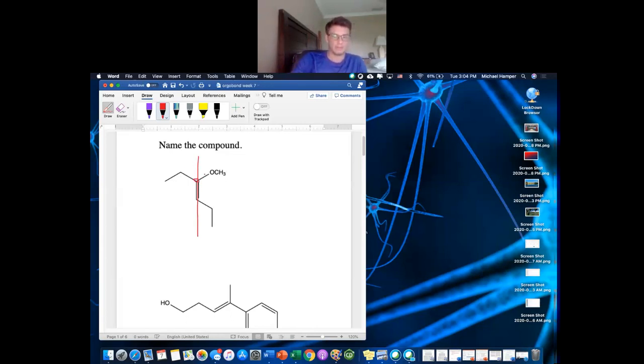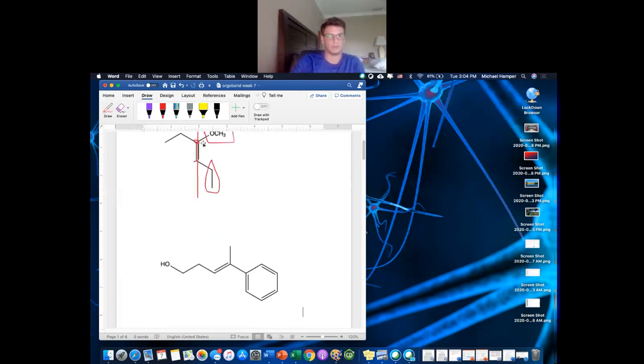At this carbon, what's the bigger group? This methoxy, this ethyl group. And in this carbon, here it's just an implied hydrogen. So at this carbon, this one is the bigger group. So along this double bond, both groups are on the same side. And so that is called Z.